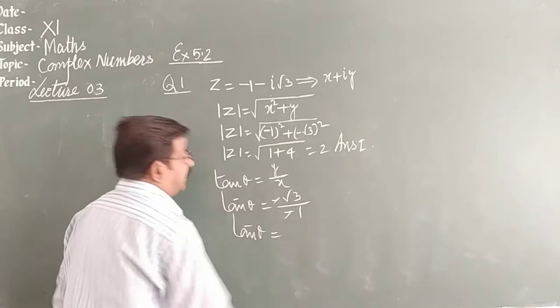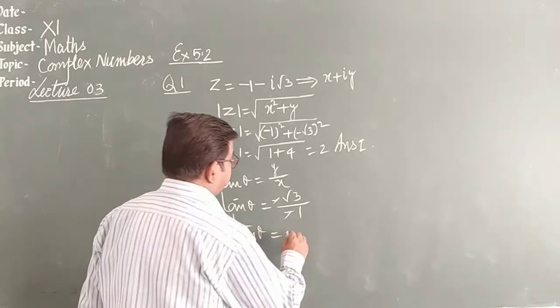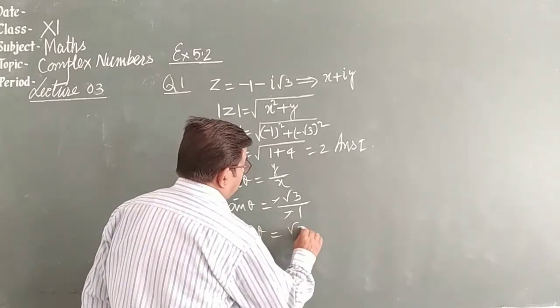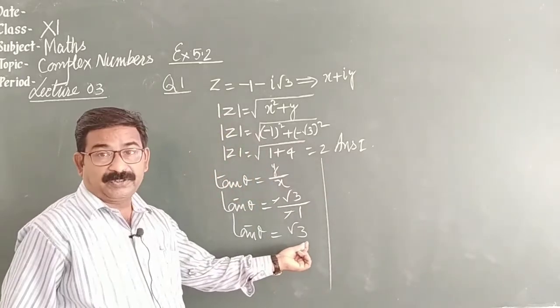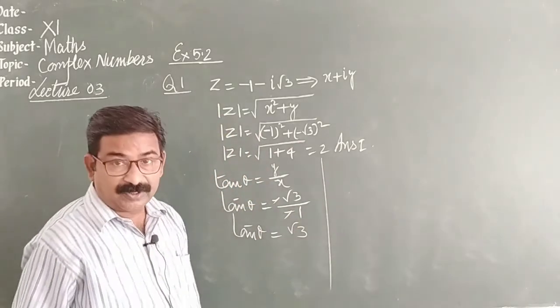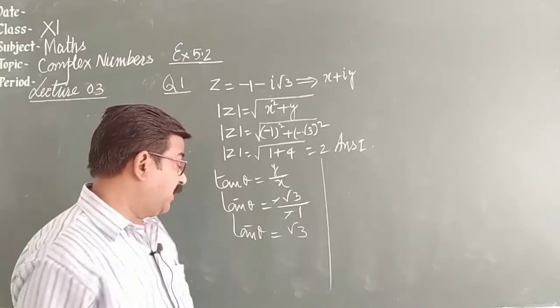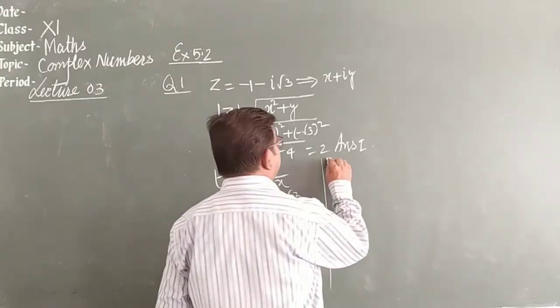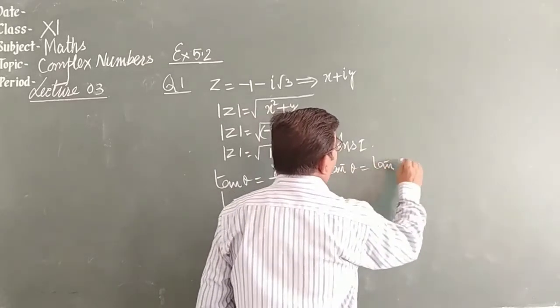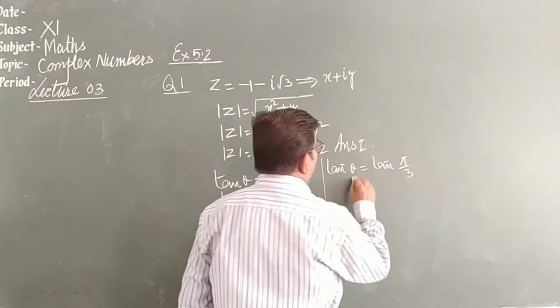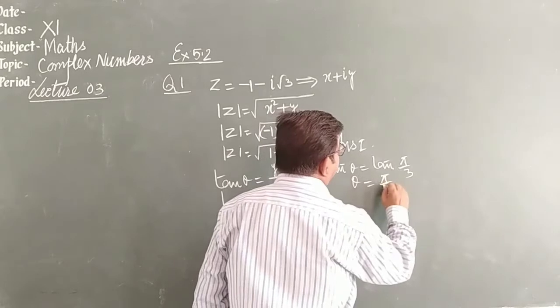So tan theta is what? Root 3. Now let's see, it is positive. It may be in the first quadrant or the third quadrant. So we can write tan theta is equal to tan pi by 3, or theta is equal to pi by 3.